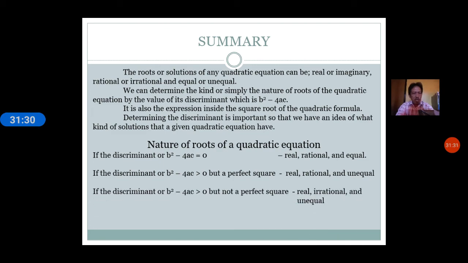If the discriminant b squared minus 4ac is greater than 0 but not a perfect square, we have real, irrational, and unequal. And if the discriminant is less than 0, then that is an imaginary root.